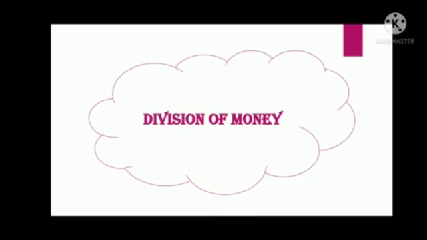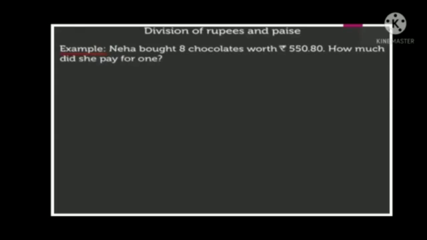Now let's discuss about the division of money. For that I'm going to take another example. Neha bought 8 chocolates worth rupees 550.80. How much did she pay for one? So for that we need to divide in order to find out the cost of one chocolate.